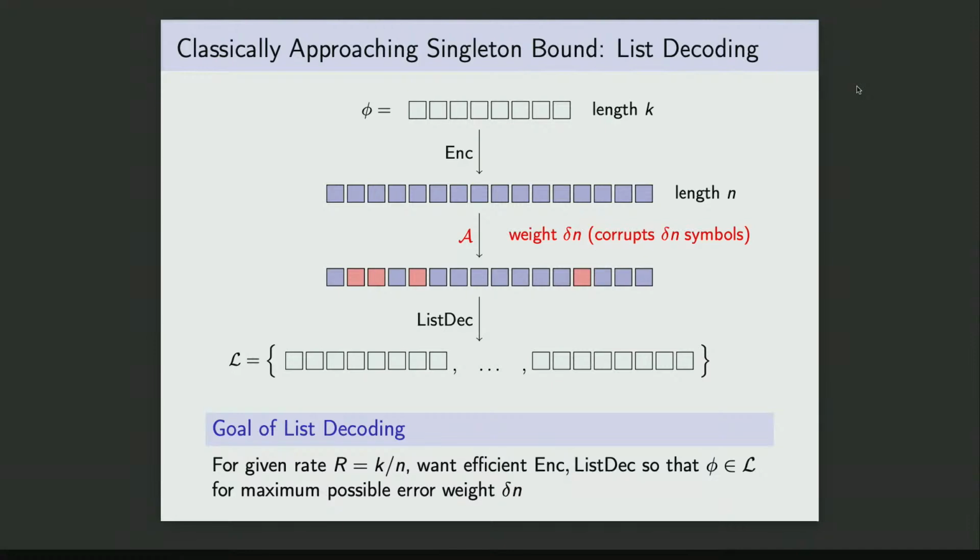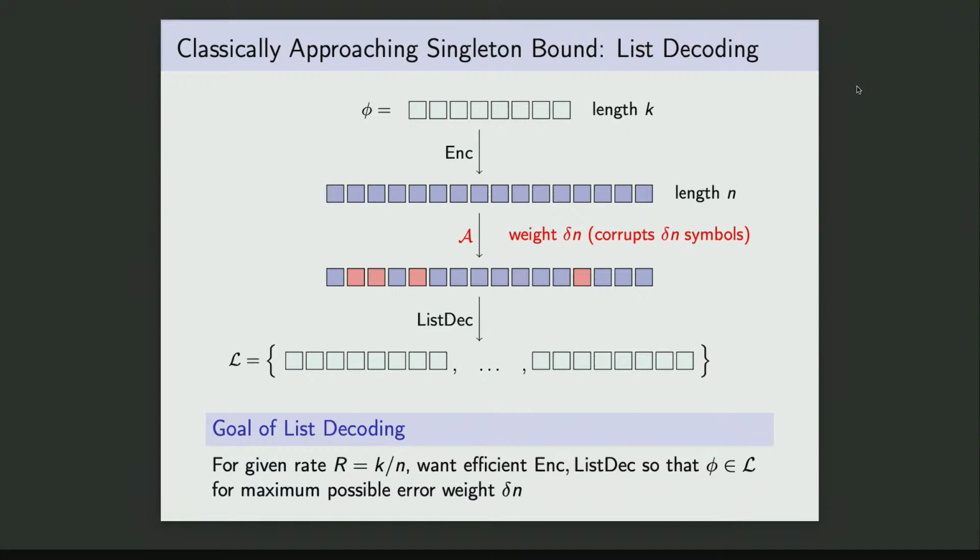So classically, if we have some classical message phi, again of length k, then in list decoding, we want to encode it again to a length n code word, such that if an adversary acts on delta fraction of the symbols, then we can decode. But now instead of decoding to a single message, we run a list decoding algorithm, which outputs a list of some short polynomial or constant size list of possible messages.